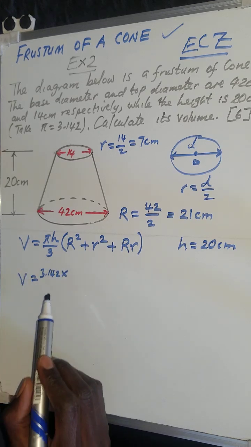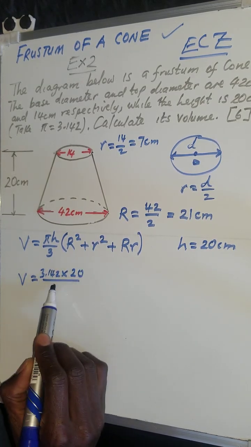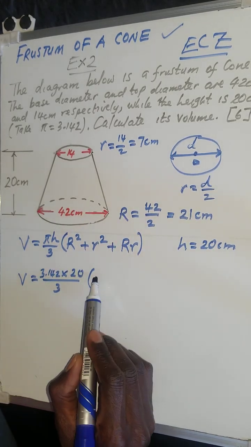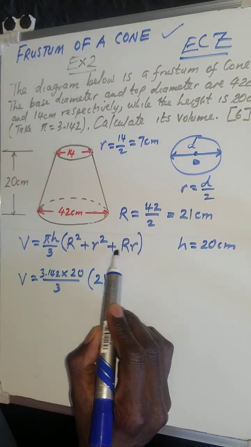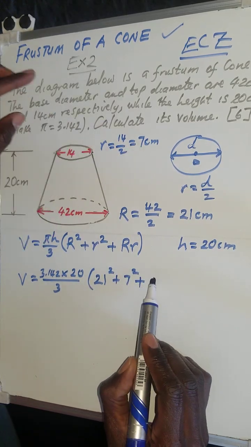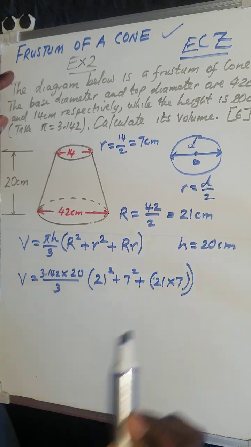So in this context, we multiply by 20 divided by 3, open brackets, the radius which I've found, which is 21 squared, plus the radius of the smaller circle I've found, that is 7 squared, plus 21 multiplied by 7, close bracket.